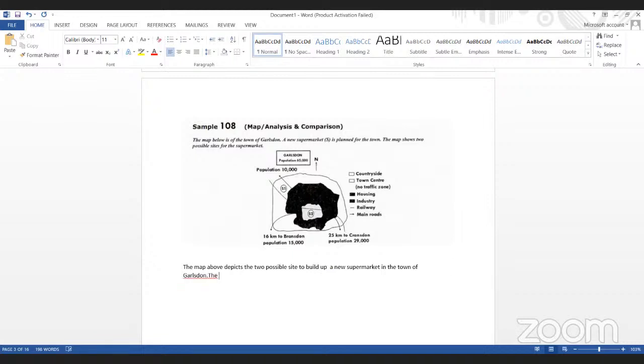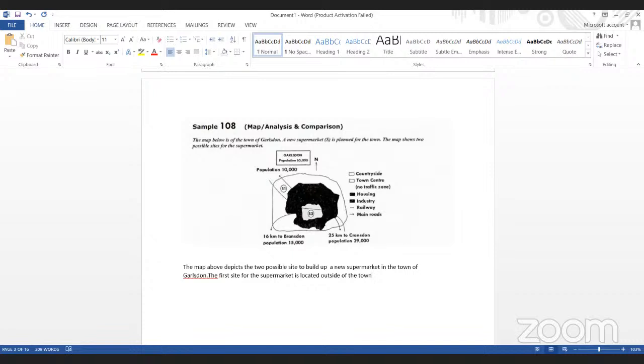Now we are talking about the sites. The first site for the supermarket is located outside of the downtown, right?